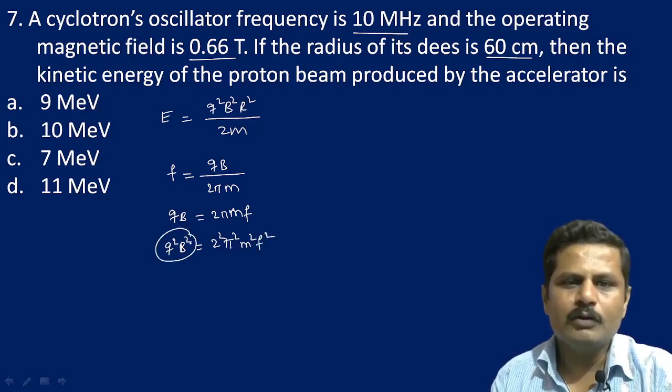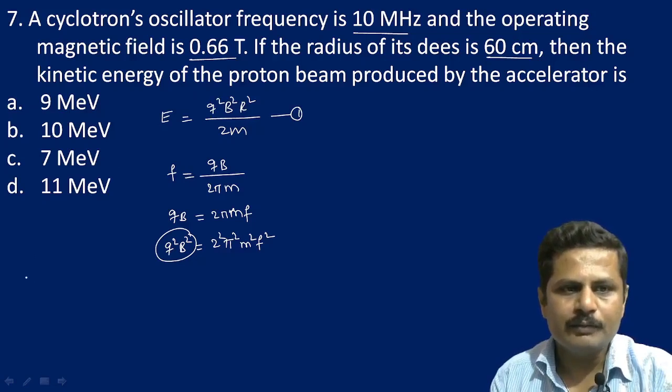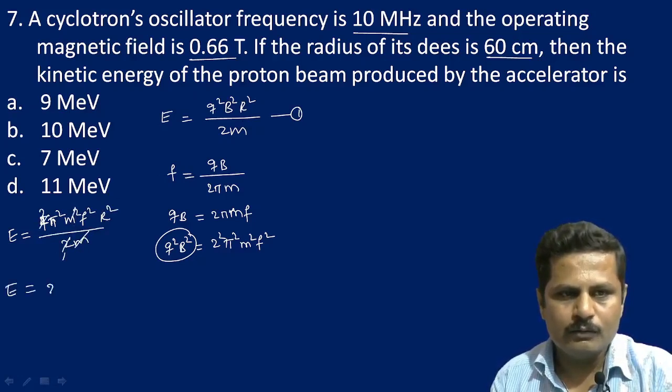I am substituting this q squared B squared in equation 1, the expression for the kinetic energy. On substituting, the energy equals 4 pi squared m squared f squared r squared divided by 2m. Clear, this m and m get cancelled, and 2 into 2. So the energy can be written as 2 pi squared m f squared r squared.